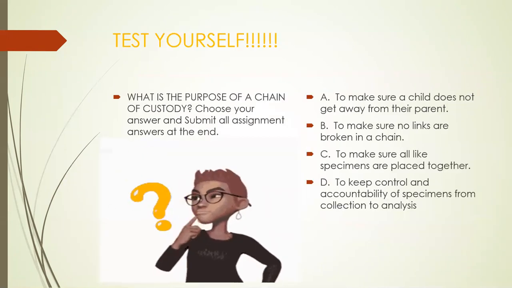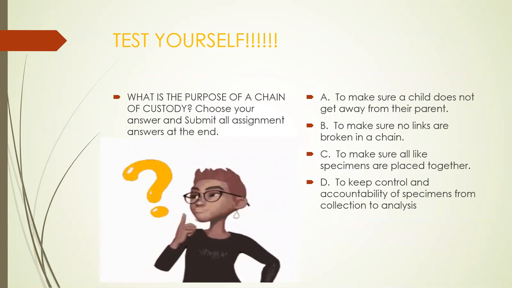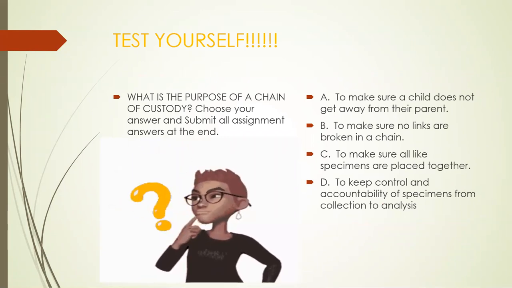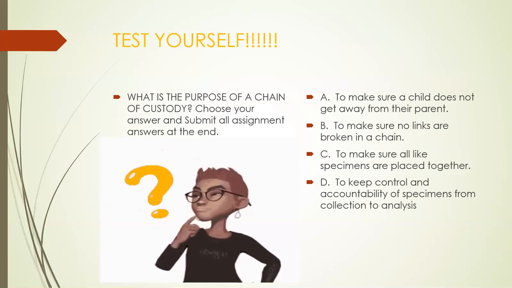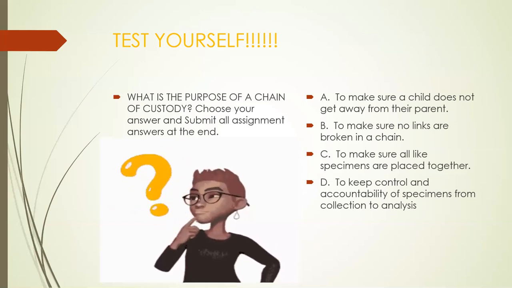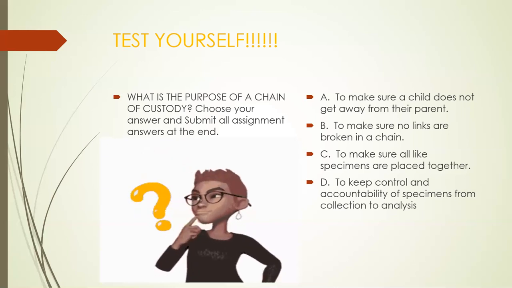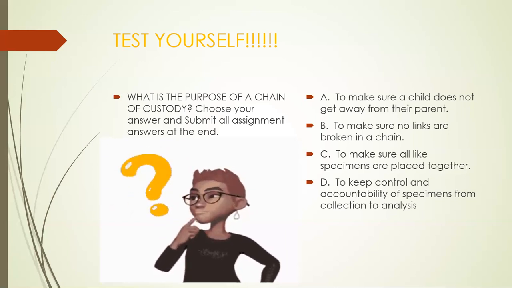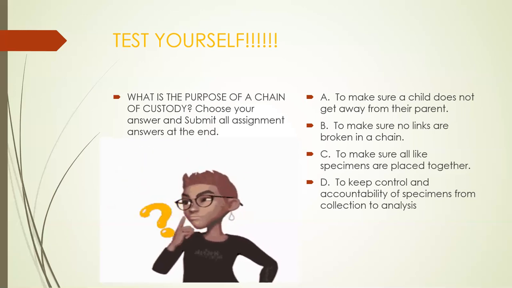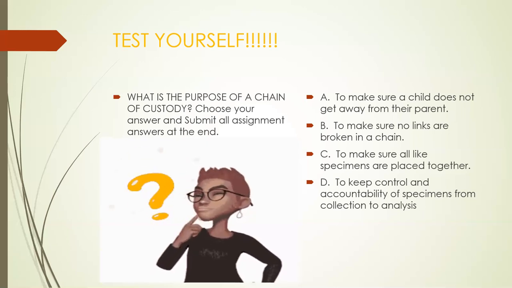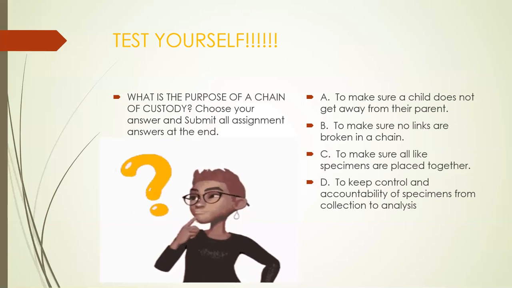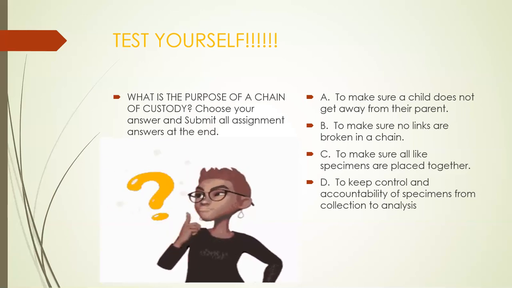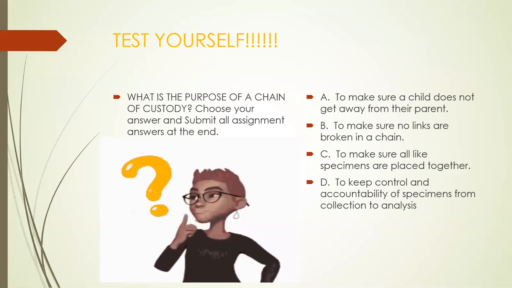So let's test yourself. What is the purpose of the chain of custody? Choose your answer from A, B, C, or D, and then you'll submit this answer along with any other assignments within the video. Okay, so your choices are: A, the purpose of the chain of custody is to make sure a child does not get away from their parent.